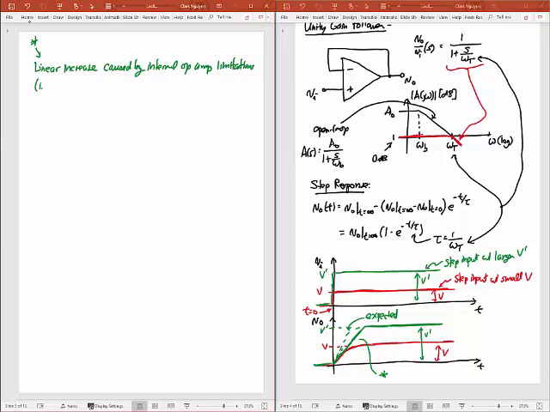Basically that means it's caused by transistors and the fact that they're not perfect, which constrain the output current of the op amp.